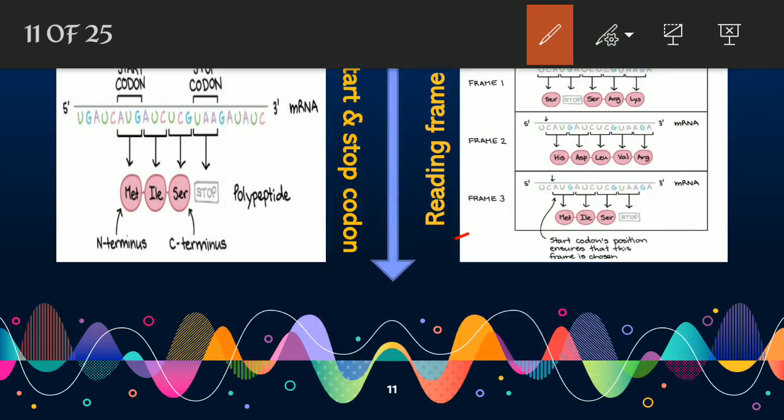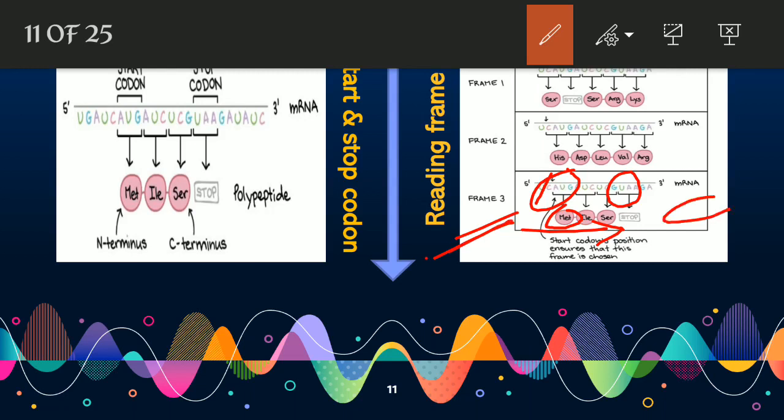Now let us consider the third frame. Here we see that the translation begins at A, and the first amino acid formed is methionine. The codon used is AUG, which is our start codon, and amino acids are getting translated, and it reaches a codon UAA, which is a stop codon, and when it reaches there, the stop signal terminates the process and we get a proper protein.